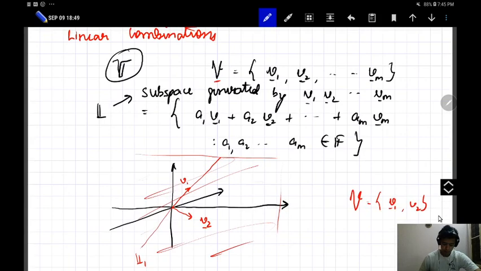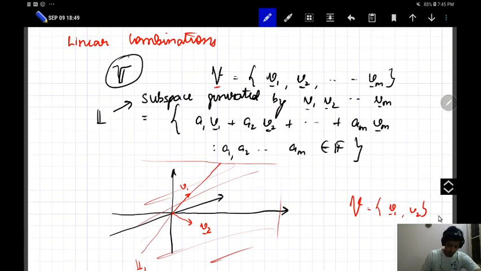Right? And we call this set L over here the subspace generated by v1 up to vm, or the subspace spanned by v1 up to vm, or also sometimes the span of v1 up to vm.